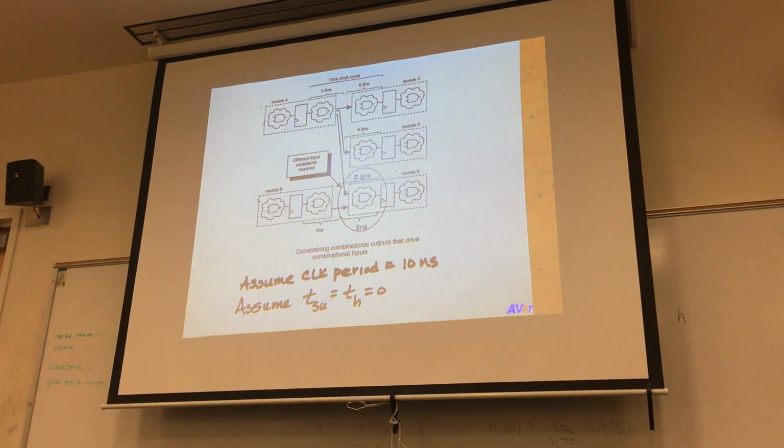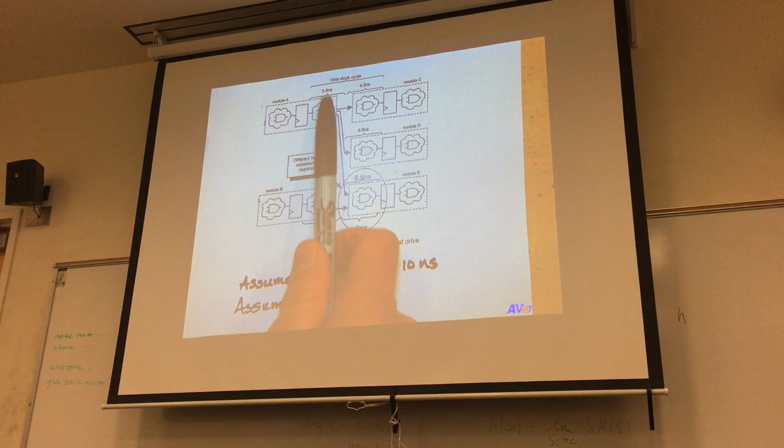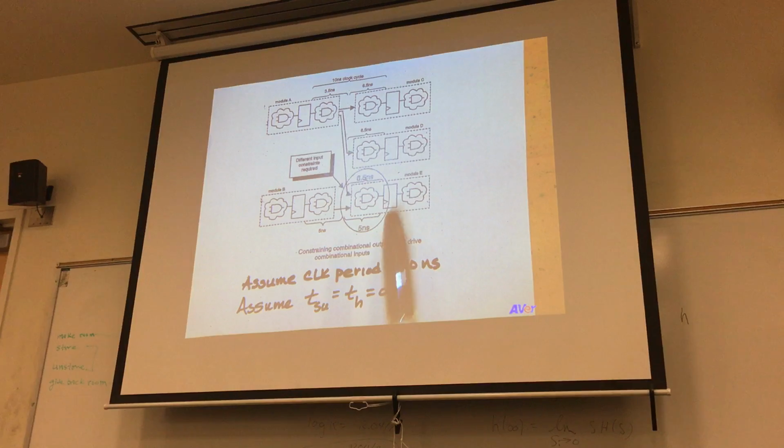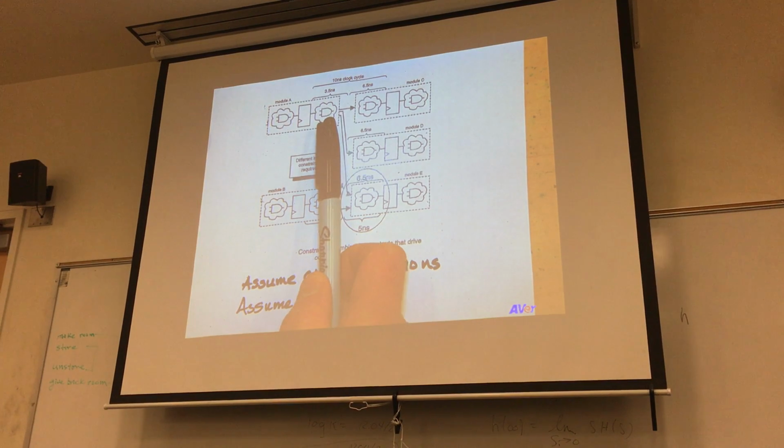So if you look at the module A, it says that this output logic here has a 3.5 nanosecond propagation delay time. And I'm going to assume that the clock for this circuitry that's clocking these registers has a 10 nanosecond period. And for simplicity, I'm going to assume that setup and hold time on these registers is 0. So we can see that we have a 3.5 nanosecond delay time here.